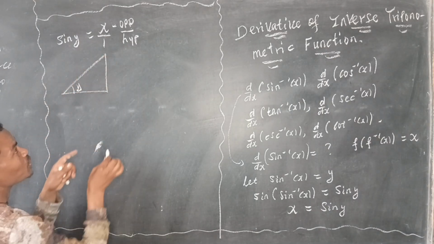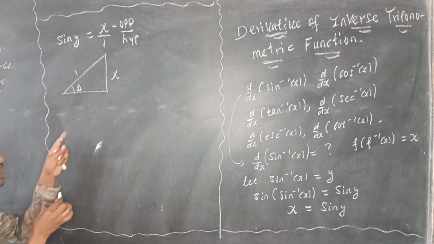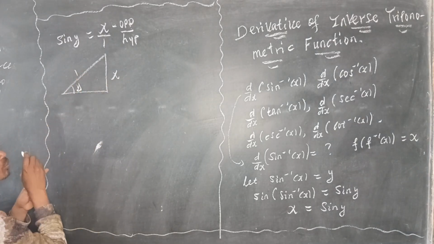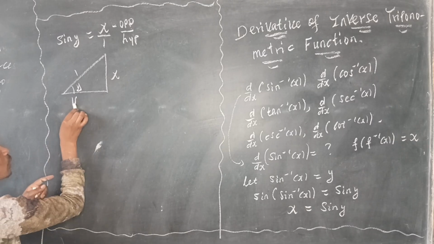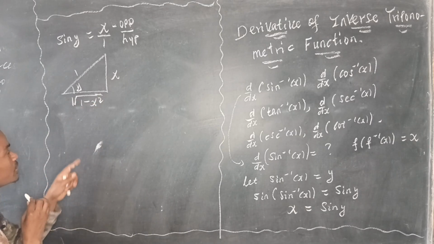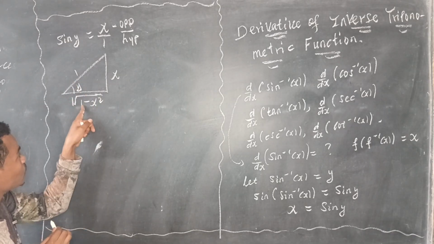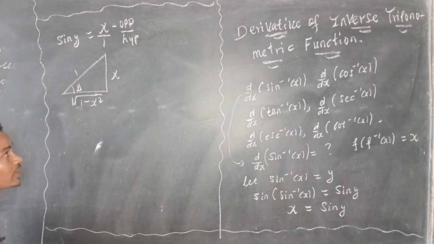For this y, the opposite side is x and the hypotenuse is 1. By using the Pythagoras theorem, the adjacent side is the square root of 1 minus x square, since base square plus x square is equal to 1 square.